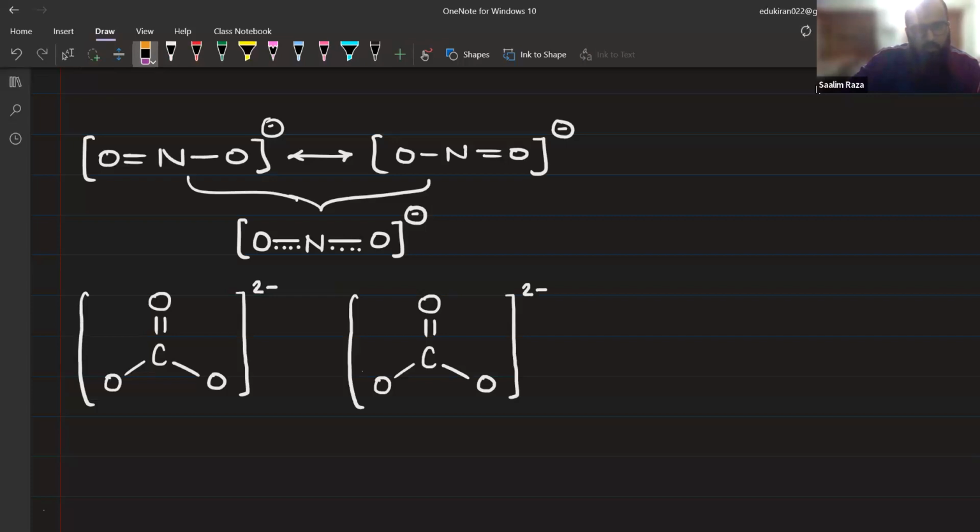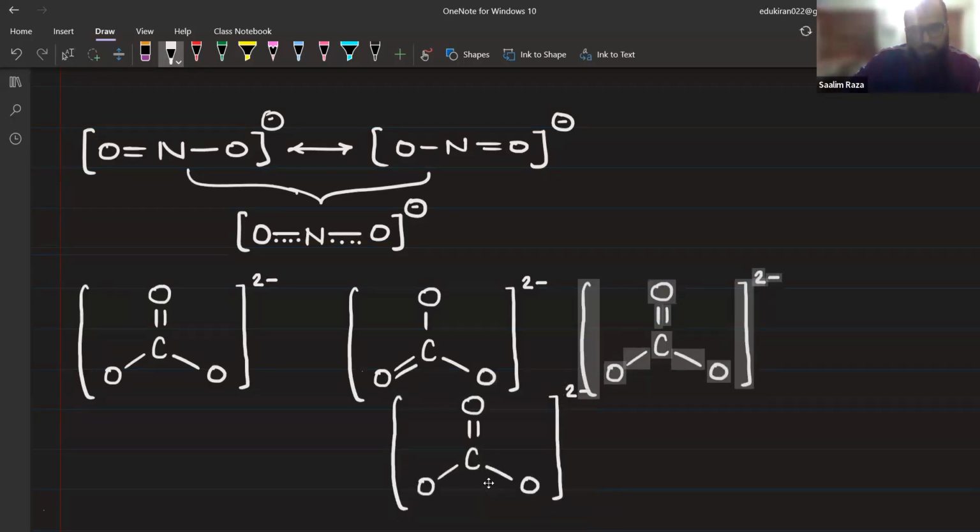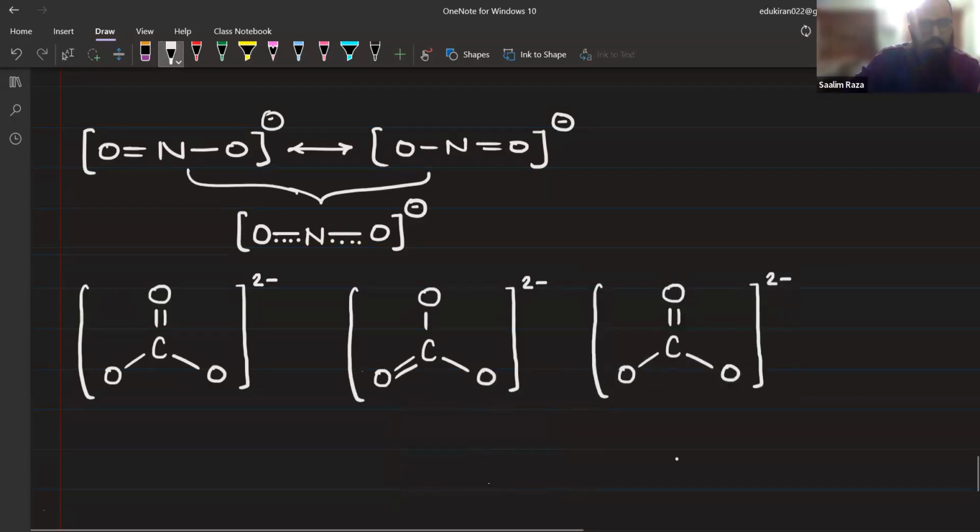Please see, ignore this double bond. We can have the double bond with this oxygen also. There is no difference. We can also have one more structure, which is this one.